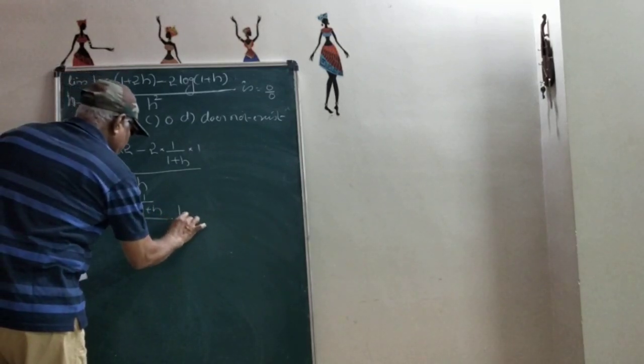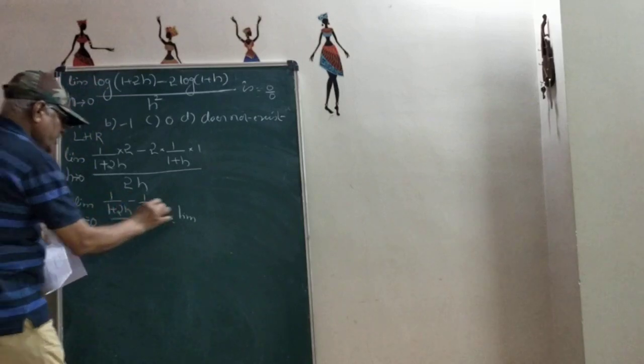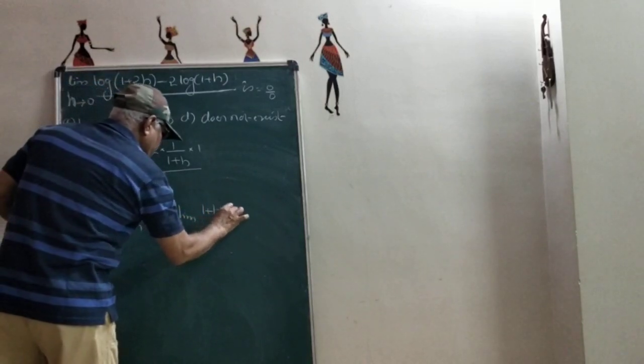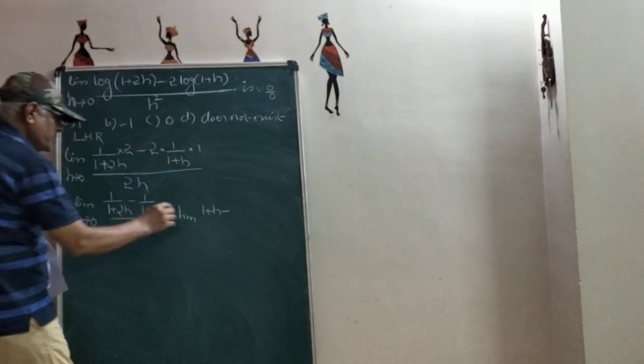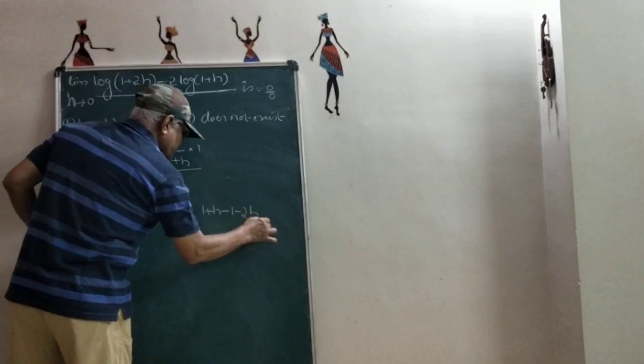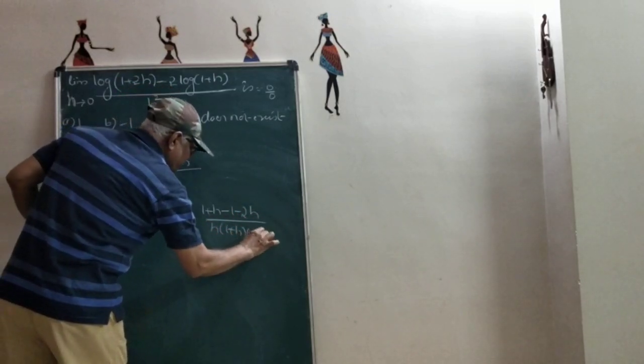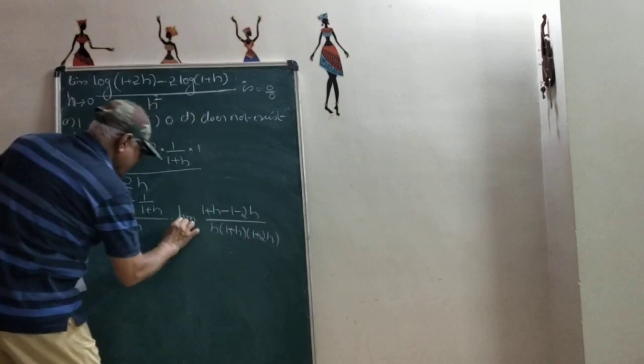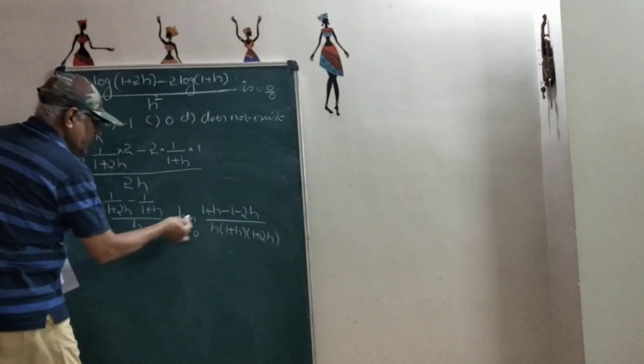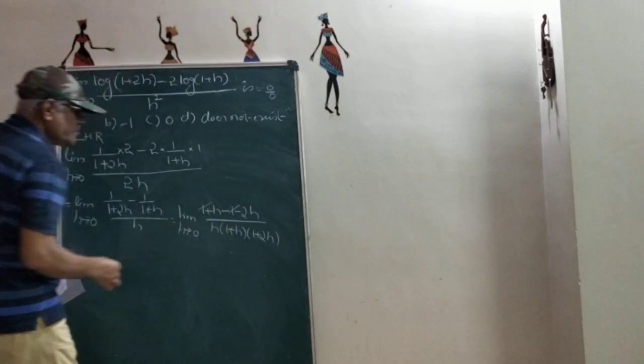That's equal to limit of 1 into 1 plus h is 1 plus h. Next minus 1 into 1 plus 2h is minus 1 minus 2h, divided by h into 1 plus h into 1 plus 2h, as h tends to 0. Here plus 1 and minus 1 get cancelled.